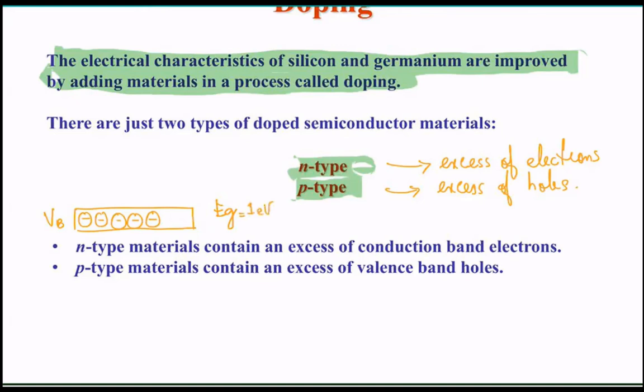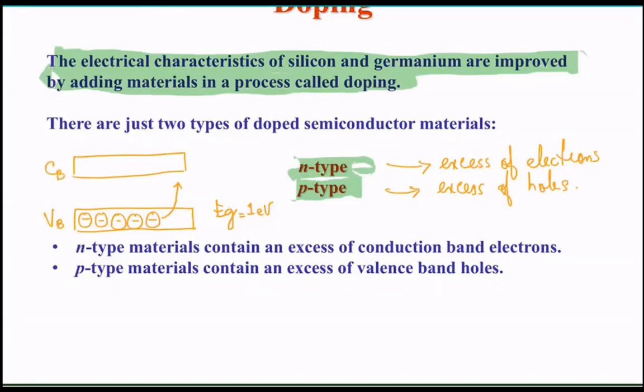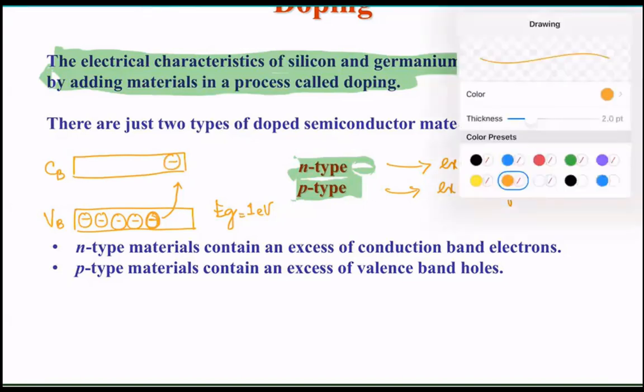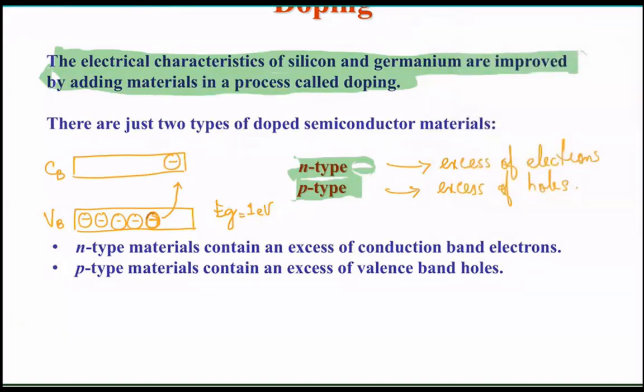When the band gap energy level is applied at the valence band, say 1.1, these electrons will eject and will move to the conduction band, right? Conduction band, CB. Okay. When this electron here moves over here, it will leave a hole.